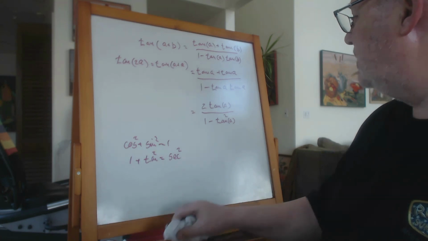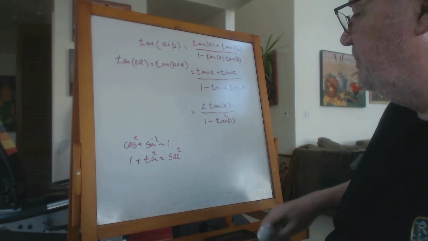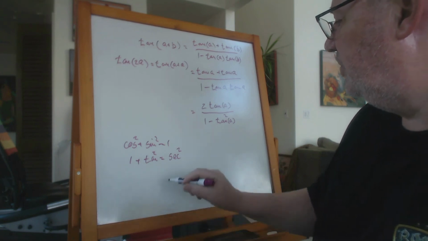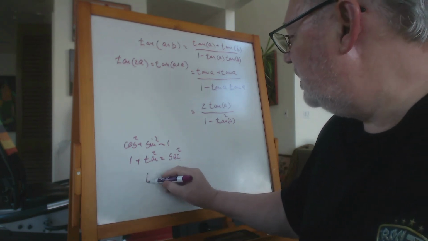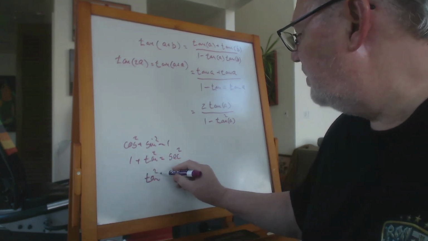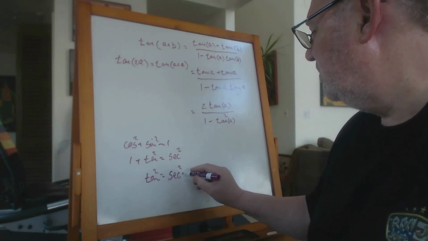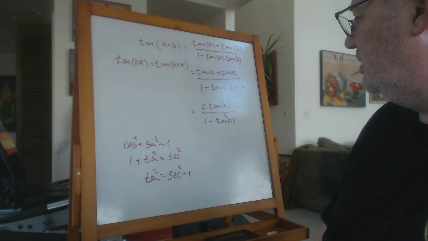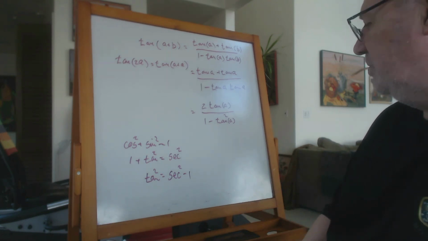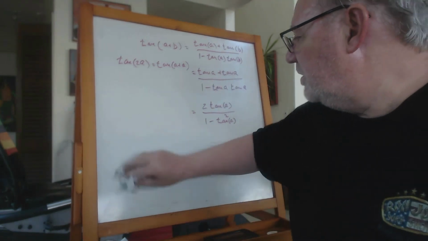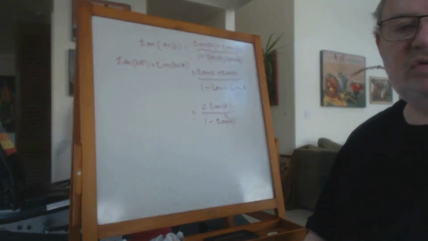We'll just have to leave it at this. Or, I don't know, maybe, let's see, tangent squared equals secant squared minus 1. No, that's not going to work. Well, we'll just leave it like that. So this is our solution.